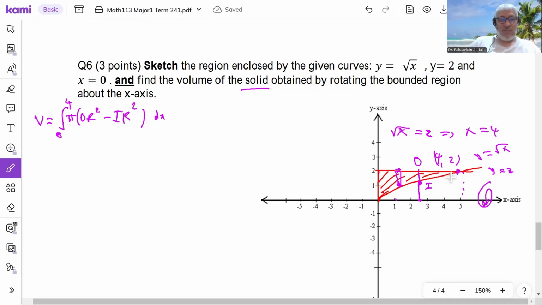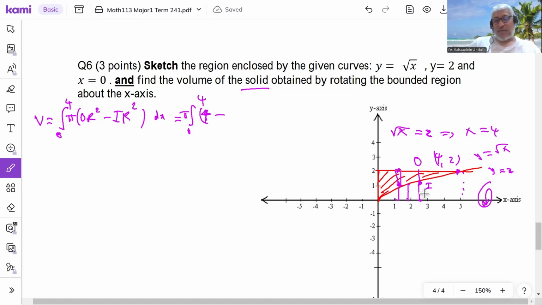So this distance from the x-axis to the line y equals 2 is fixed. It's always 2. So this would be the integral from 0 to 4. I can take pi out if you like. So the outer radius is 2 squared, so it's 4, minus the inner radius. Now the inner radius, if you go from the axis of rotation to the first curve, this distance changes according to the curve.